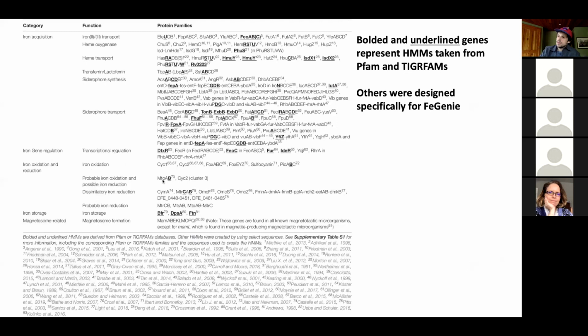Like MtoAB, which is under the probable iron oxidation, possible iron reduction category, because this has been suggested to be an iron oxidase in some organisms, but in other organisms like Shewanella, homologs to this gene are called MtrAB. You can see they're part of this operon, and they're actually involved in iron reduction. So there's a lot of ambiguity to this, and that's why we decided to break down iron oxidation and reduction into 4 categories rather than 2, just to highlight this ambiguity.